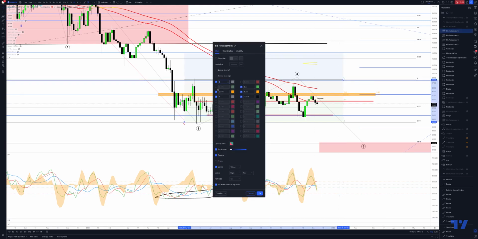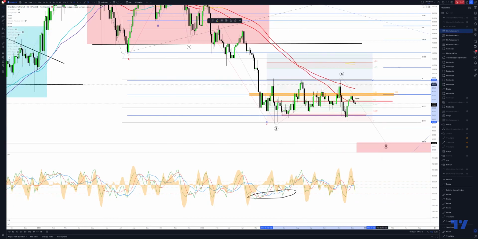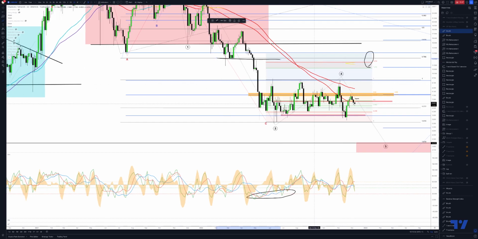Let's just make it a bit more clear. So if we were to break above it, these are the ones that I'll be looking at as short-term resistance, and you can see how that aligns there.